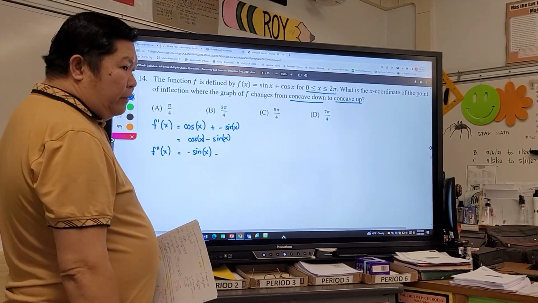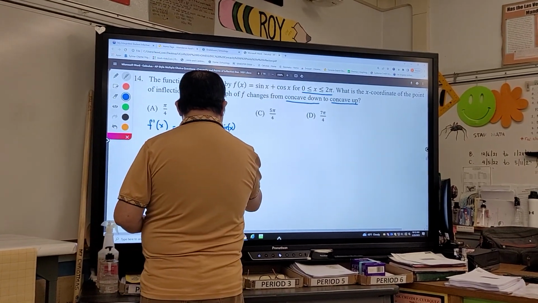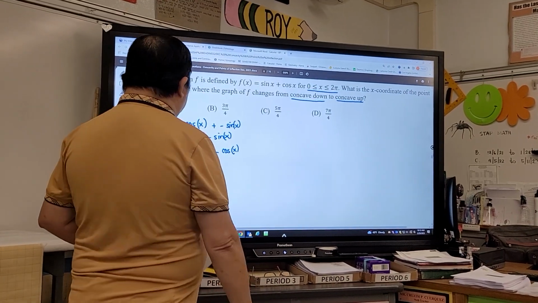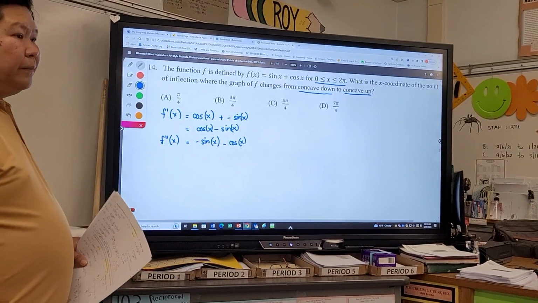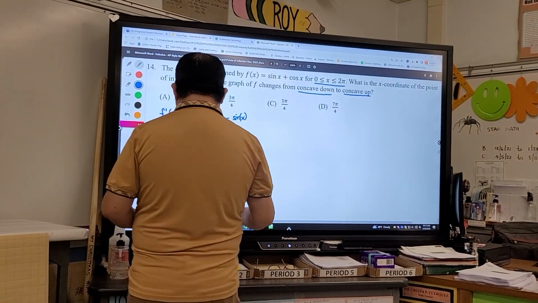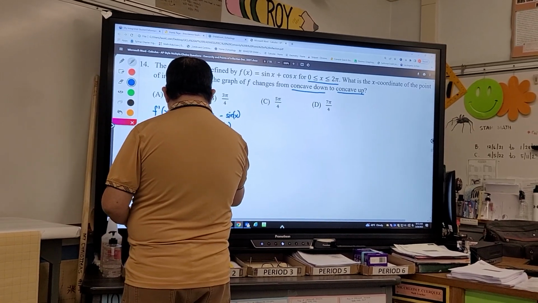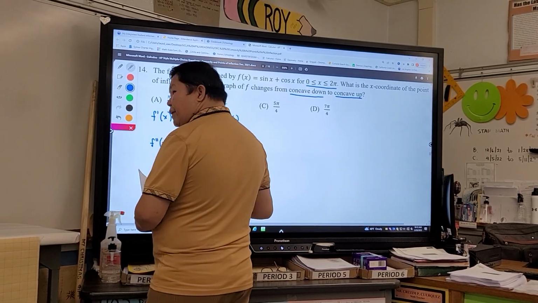Am I right, guys? So cosine x. What's the next step? Equate to 0, right? So equating this to 0 implies negative sine x minus cosine x.